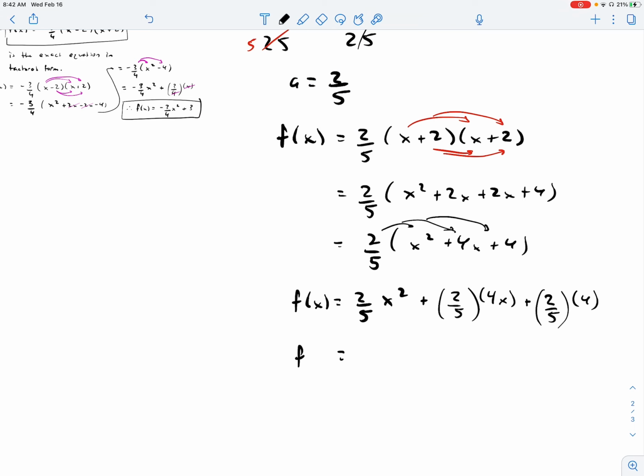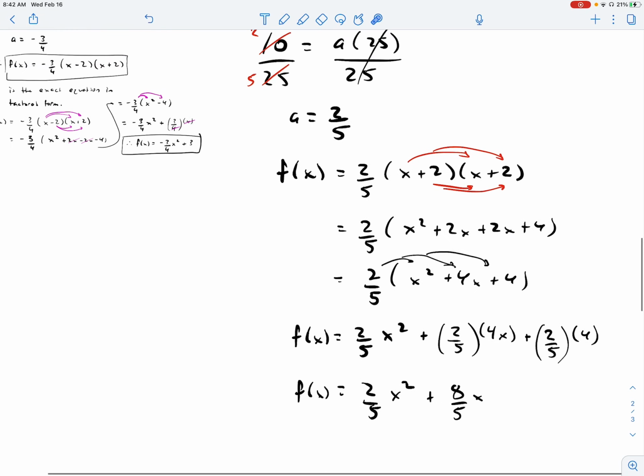Okay, our final line. This isn't going to really clean up nice. We're going to have 2 times 4, that gives us 8, so we'll just have 8 over 5 x. And then our last term will be 8 over 5.